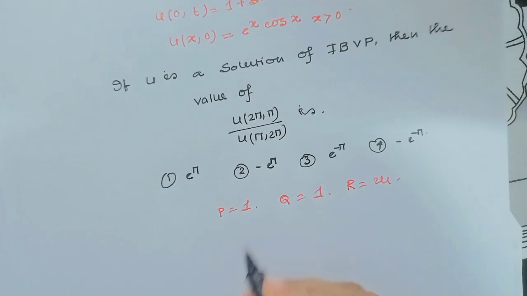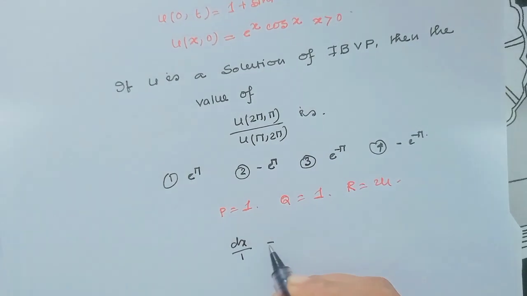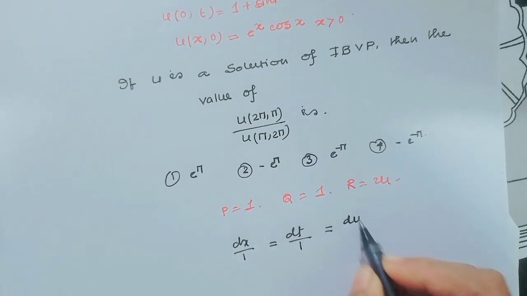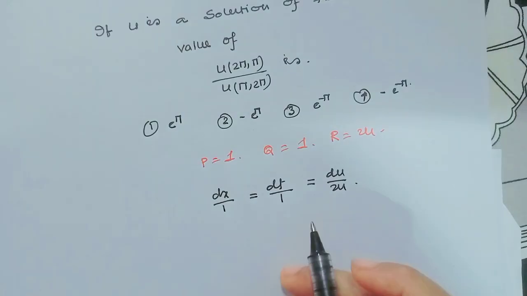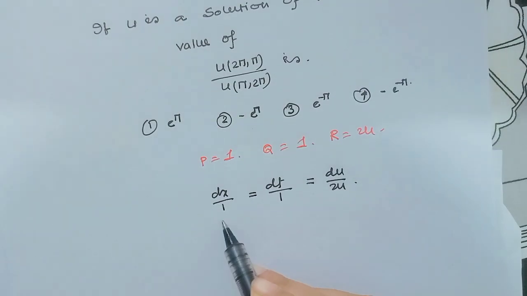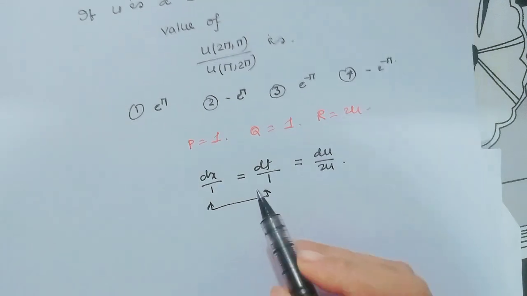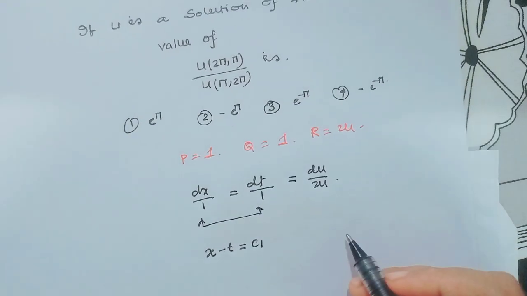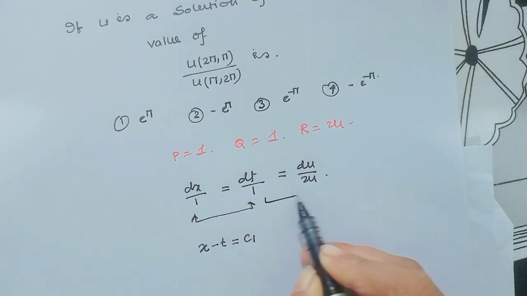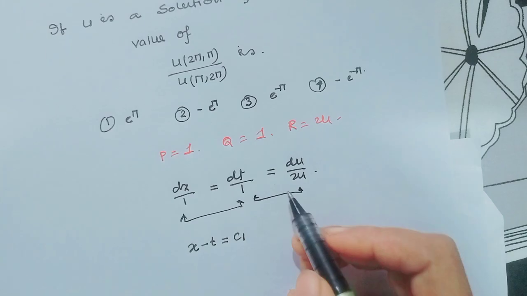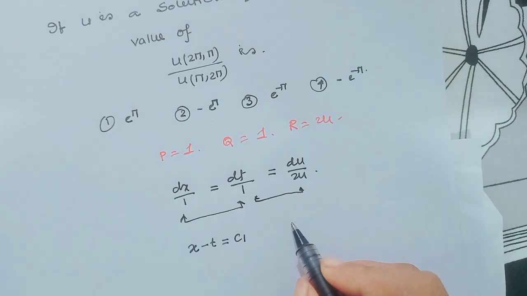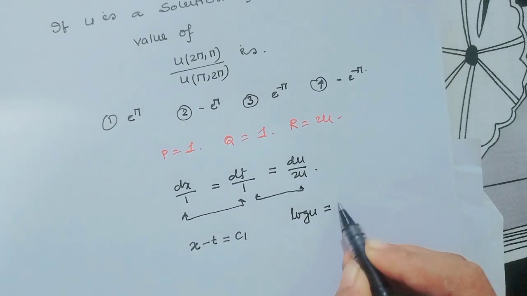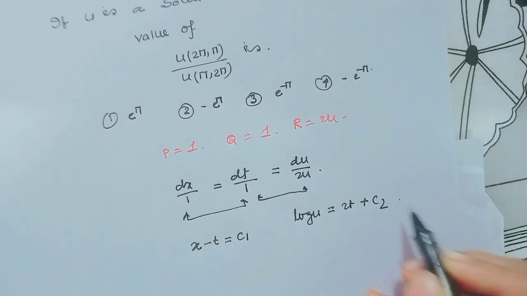Here p equal to 1, q equal to 1 and r equal to 2u. Then the auxiliary equation is dx by 1, dt by 1 and du by 2u. If you first compare these two equations, then you will get x minus t equal to c1, and if you compare these two equations, then you will get log u equal to 2t plus c2.